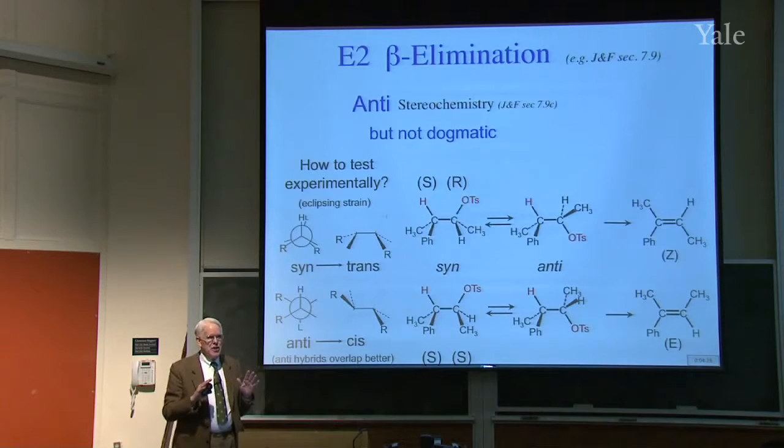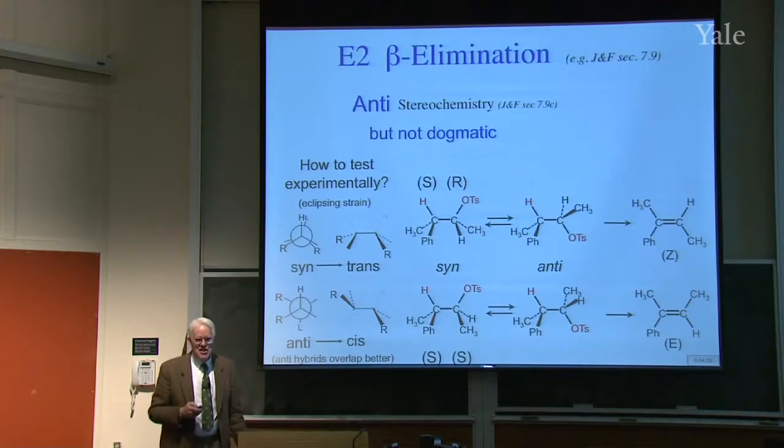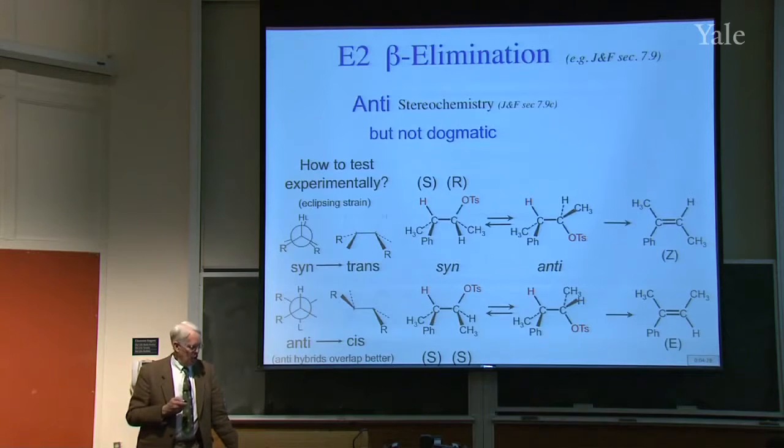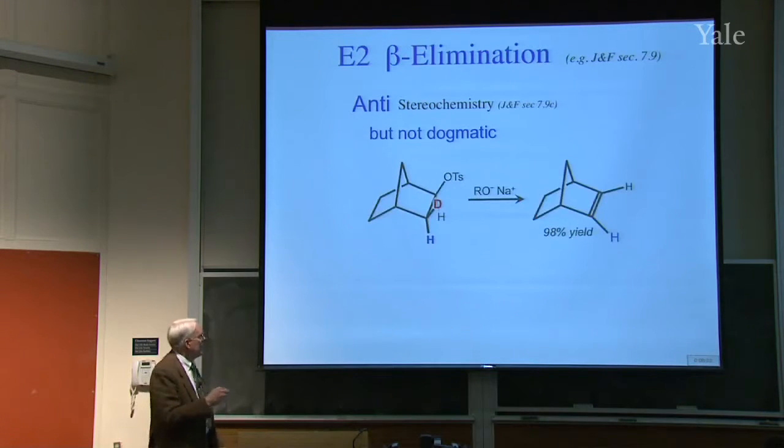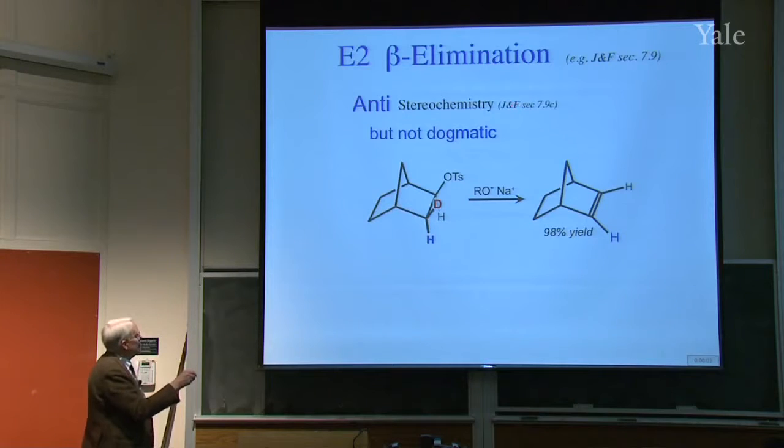But nature is not dogmatic about this. If you can't do the anti, then the syn is still okay. And here's an example of that taken from the Jones textbook. Notice that in this case, the treatment with base to eliminate hydrogen or deuterium from this side and tosylate from that side removes the deuterium, leaving two hydrogens, and it gives that in 98% yield.